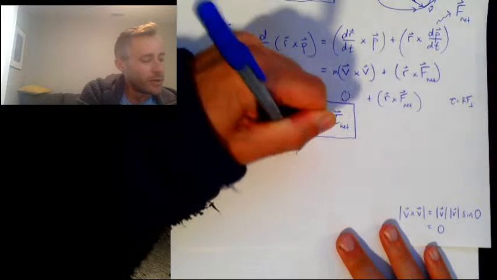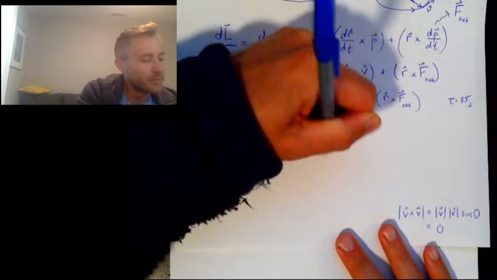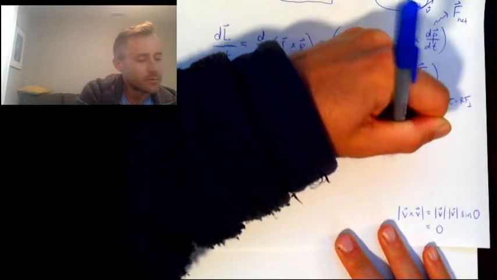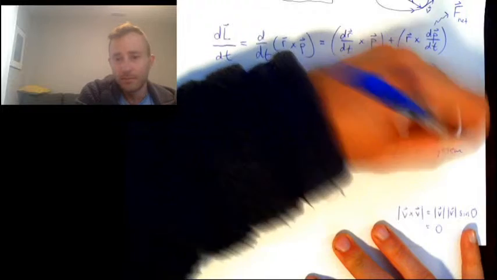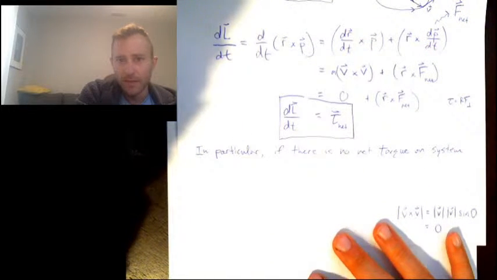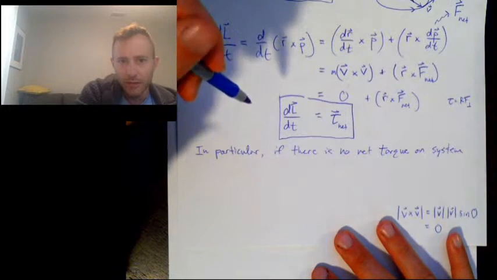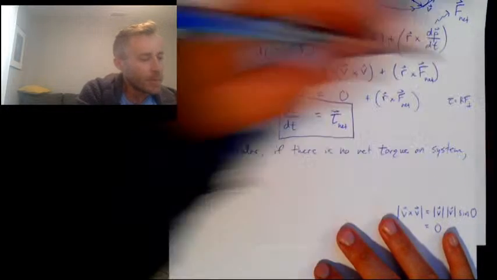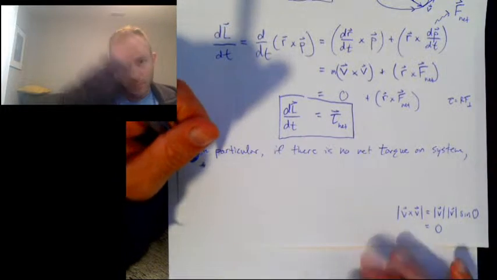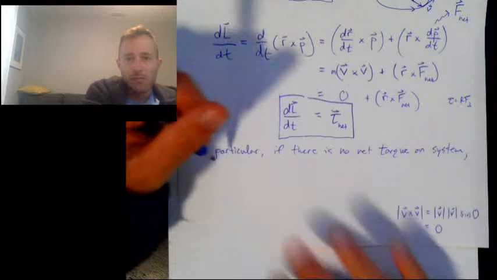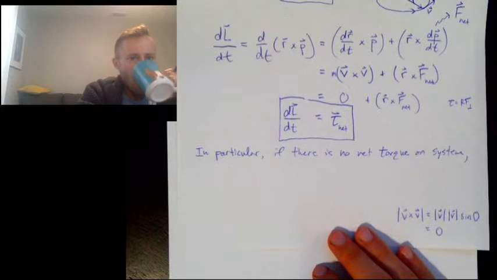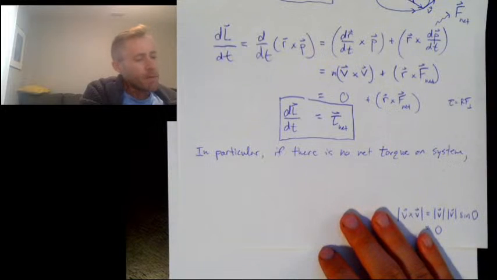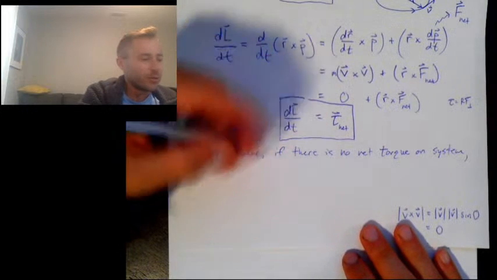if there is no net torque on the system, then we have net torque equals 0.